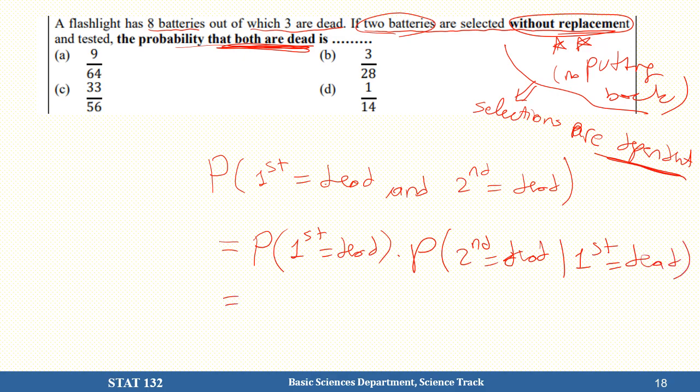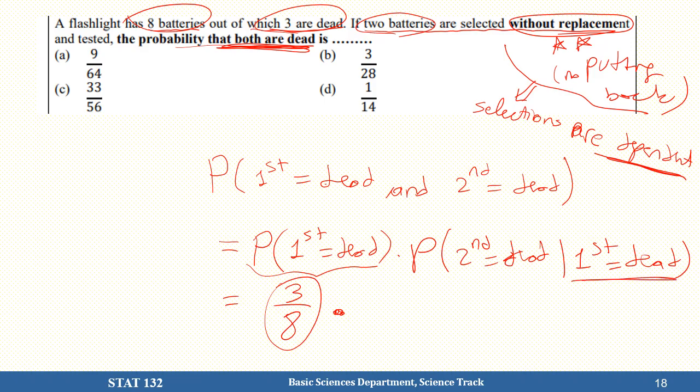Now, what is the probability that the first one is dead? It will be 3 over 8, obviously, because we have 3 dead, and in total we have 8 batteries. But for the second one, if the first is dead and without replacement, you take it out, and there are 7 batteries left, because you have the first one at hand. So what's the probability of the second dead?